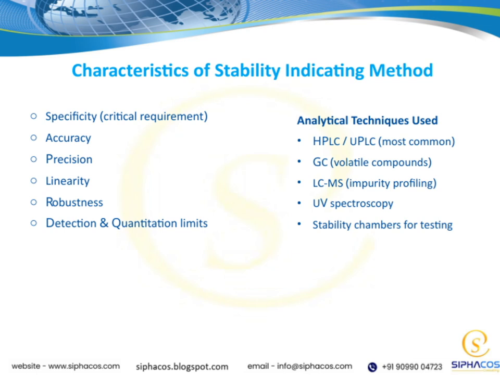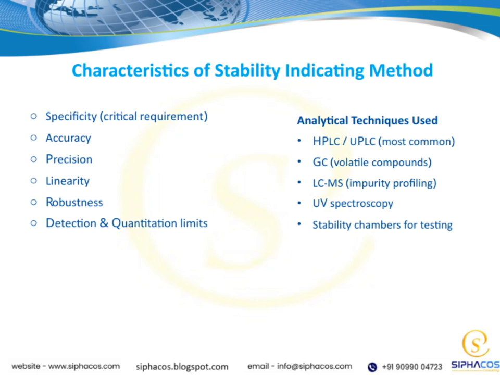Moving on to what makes a stability indicating method robust and reliable, first and foremost, specificity is crucial. It ensures the method can accurately distinguish the active ingredient from its impurities and degradation products. Accuracy and precision are equally important, as they confirm that our measurements are correct and reproducible. Linearity is about ensuring our method provides proportional responses across a range of concentrations, which is vital for quantification.